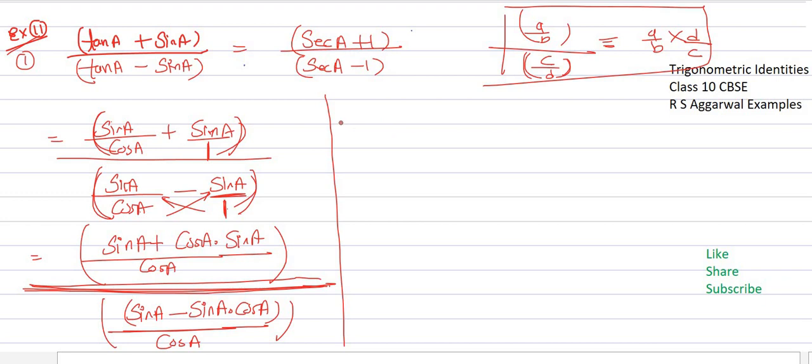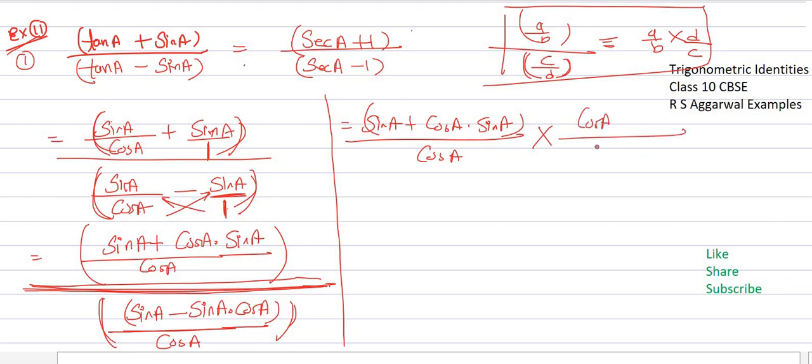So it will become (sin A plus cos A sin A) by cos A, into the denominator flipped, cos A by, let me write, (sin A minus sin A into cos A). Correct? So this and this are cancelling. And in the numerator, what is common? I am getting sin A common.